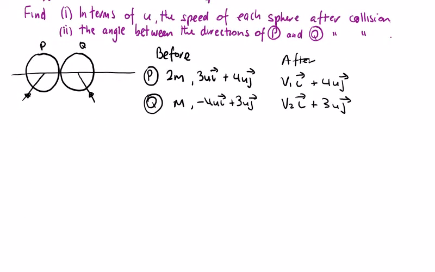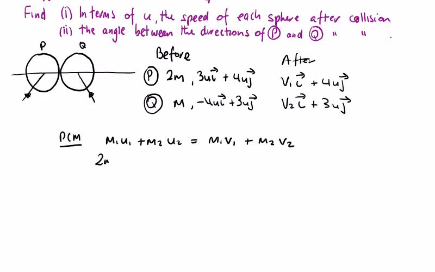Let's look at the conservation of momentum. So we're talking about m1 u1 plus m2 u2 is equal to m1 v1 plus m2 v2.